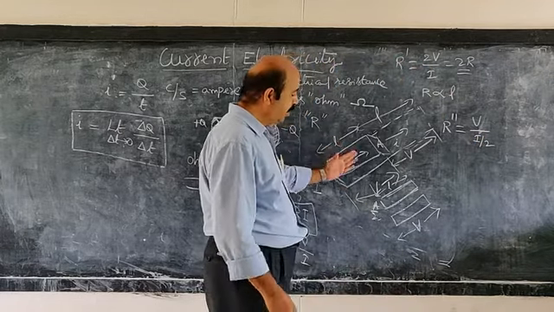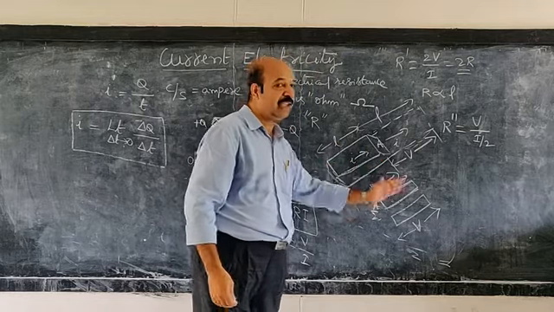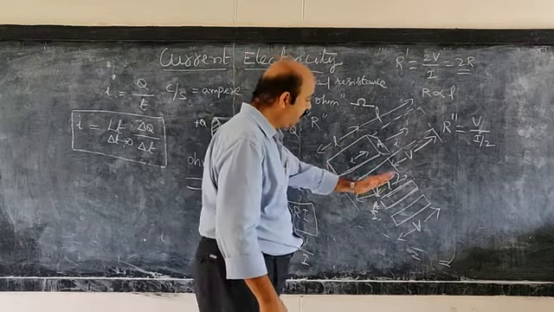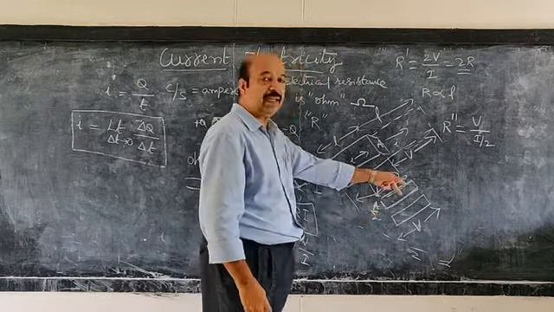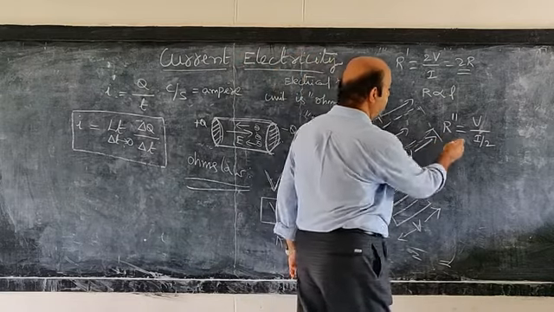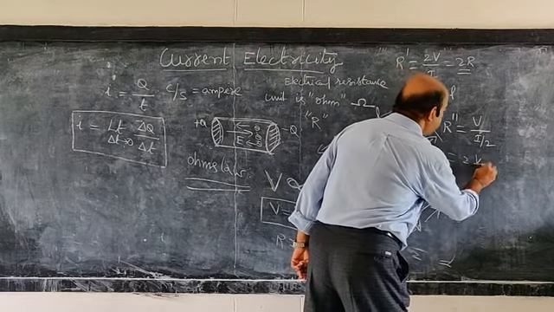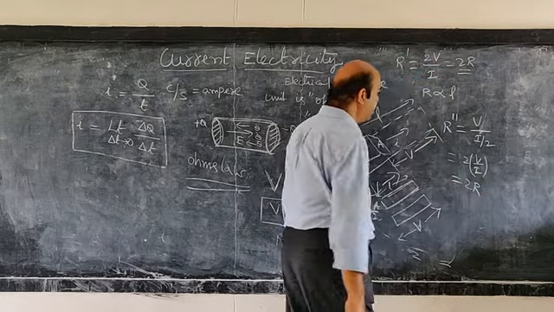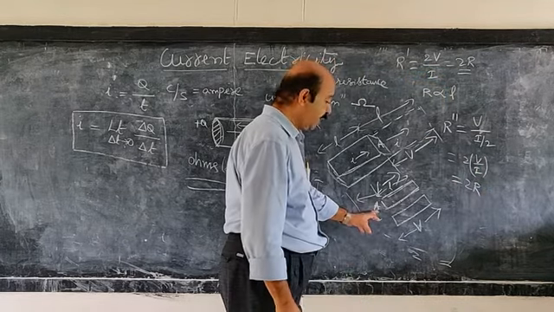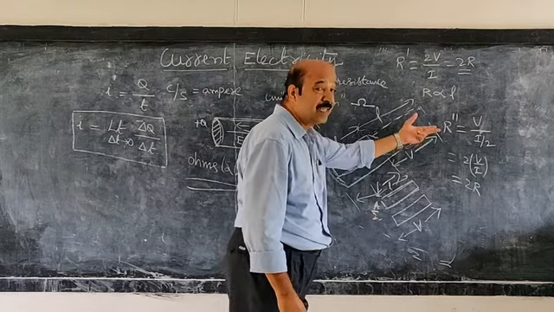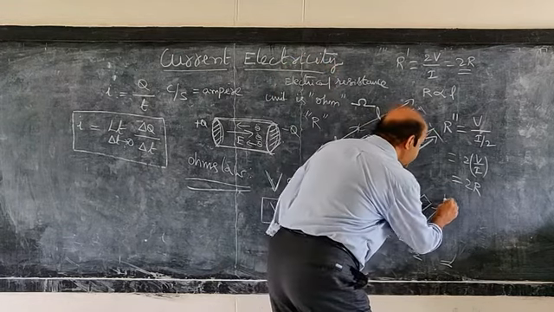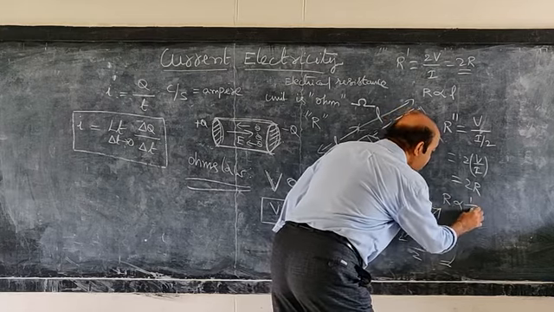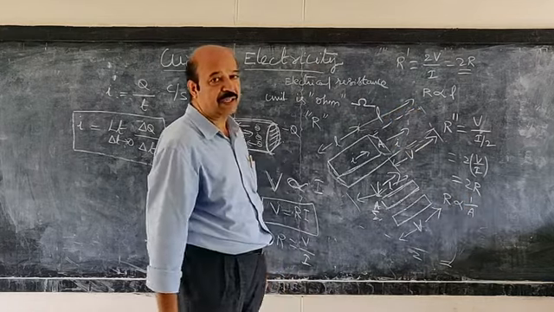The same block is divided into 2 parts such that area of cross section becomes half. When the area becomes half, the current carrier's number becomes half. So we can put the current as I by 2. In such case, the resistance R double dash will be 2 times V by I. That is 2 times R. That means if the area is half, the resistance is double. That means the resistance is inversely proportional to the area of cross section.